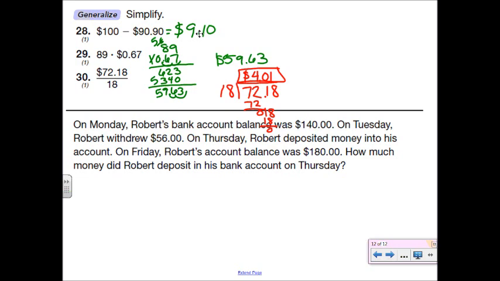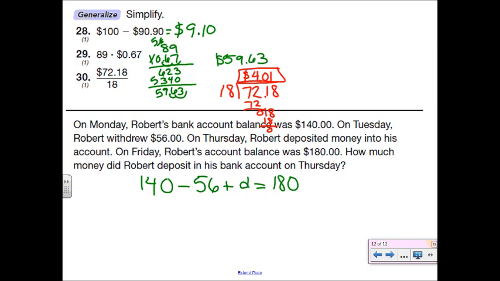So we had 140 minus 56 that he withdrew. You have $140 that was in his bank on Monday. He withdrew, which means minus 56 on Tuesday. And on Thursday, he deposited something. We'll call it D, deposit. And in the end, his bank account was 180.